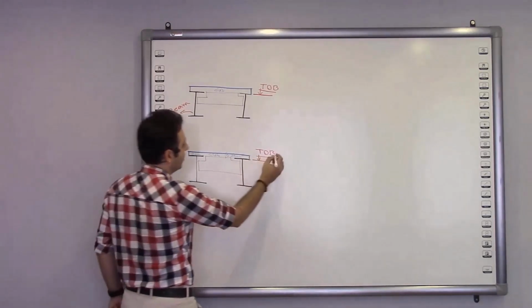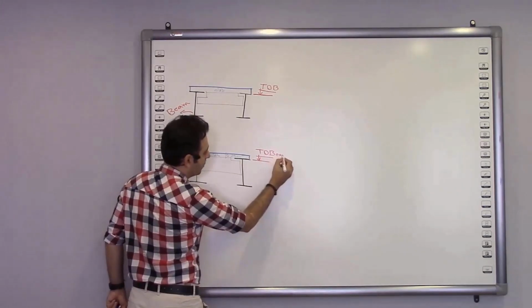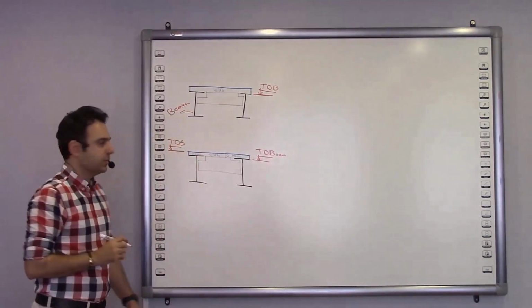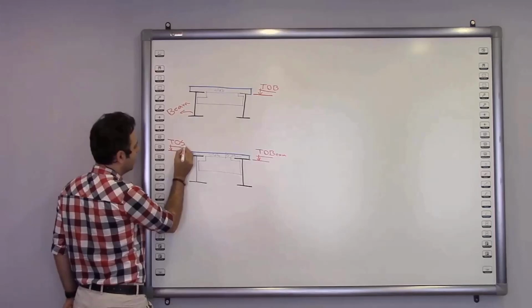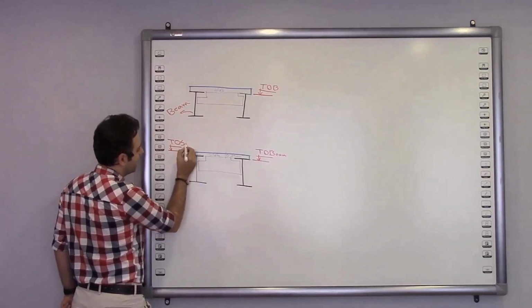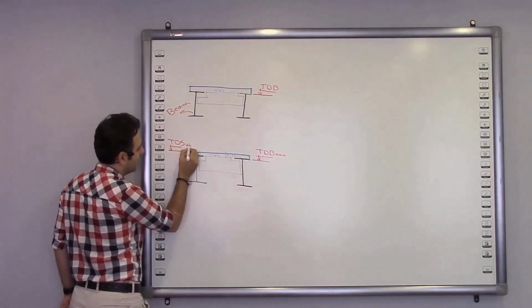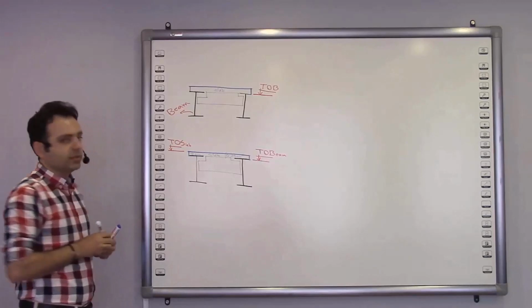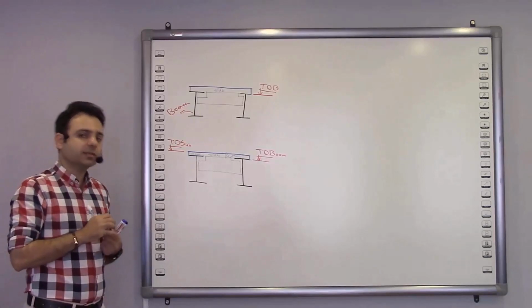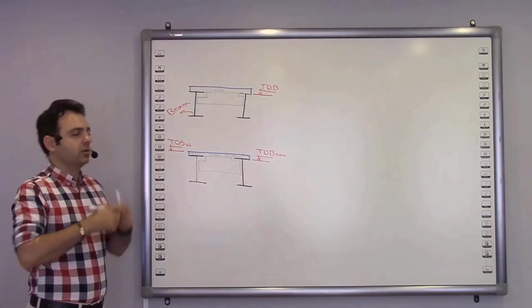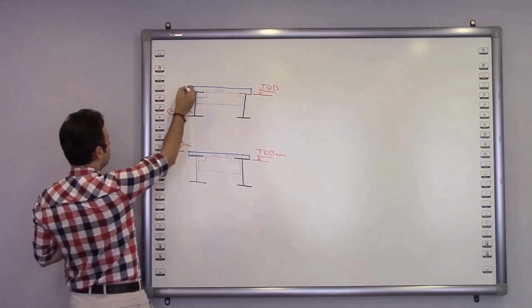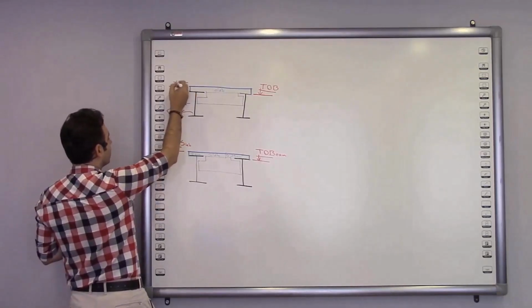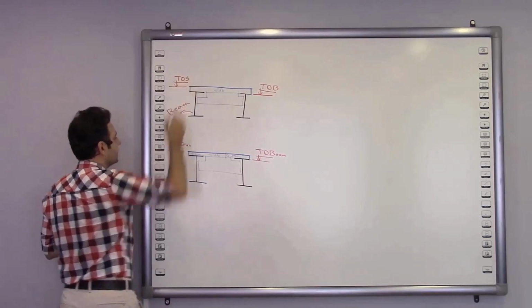So this one was top of beam, right? That we call it TOB, and this one is top of slab. Now I write it for you here. And it has other names too, but we will talk about it a bit more in the structure section. So here is TOS2.